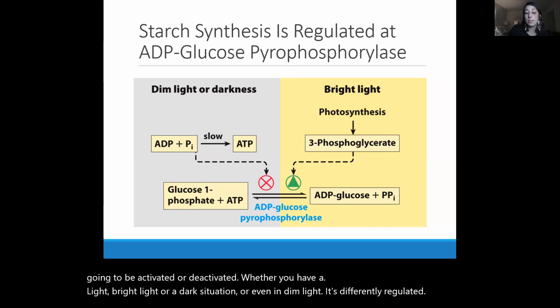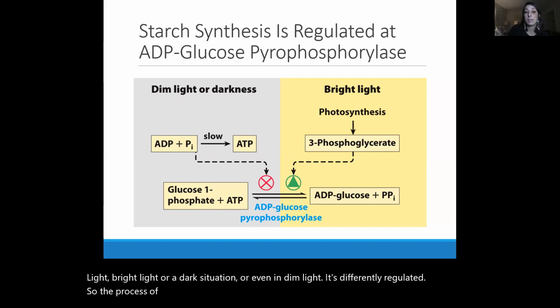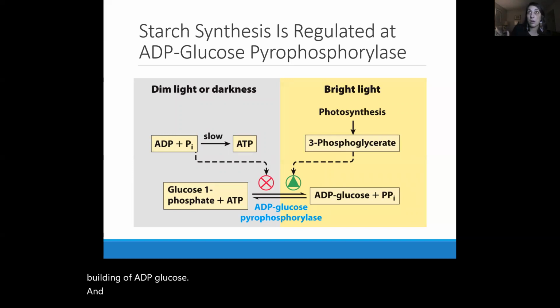So the process of taking this glucose 1 phosphate and adding an ATP to it allows for the building of ADP glucose and ultimately building up our glycogen, excuse me, starch.